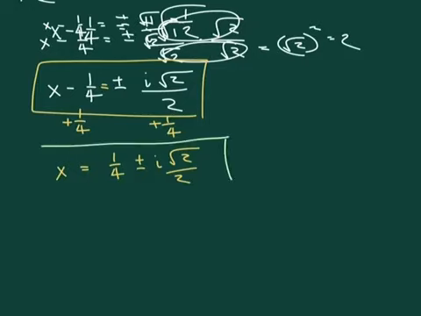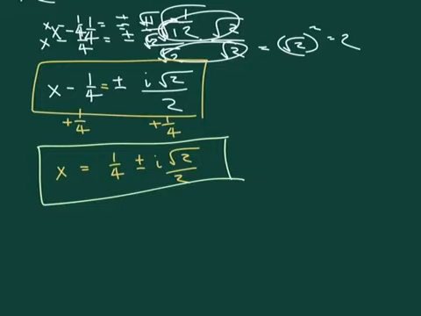Are we happy with this? Can I simplify anything? Let's see. Nope, really can't do anything with this. So we are good to go right there. All right. So that is an example of ones like 17 to 28, or I guess 25 to 28, what you do with the fraction.